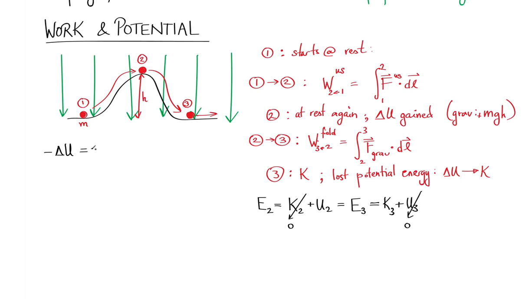And that lost potential energy is equivalent to the work done by the field in going from position 2 to position 3. And that work done by the gravitational field is going into the increase in kinetic energy, right?